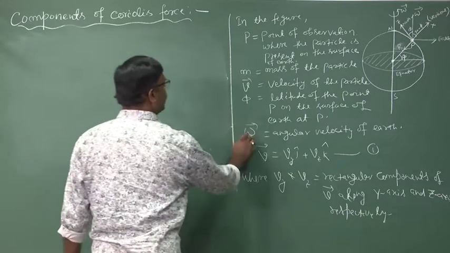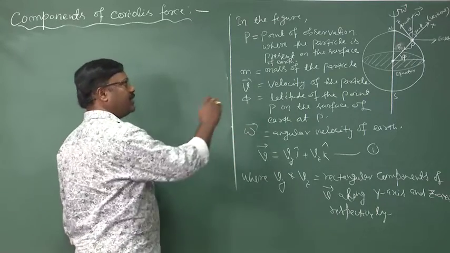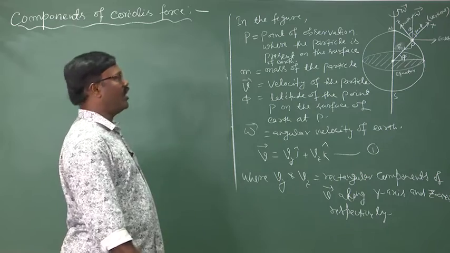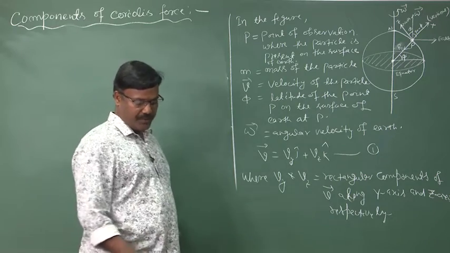Similarly, the angular velocity of earth can be expressed in terms of its rectangular components.